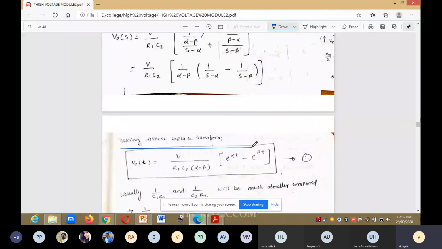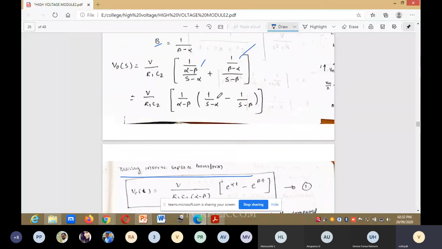Taking the inverse Laplace transform. This is why we got minus here: because 1 divided by alpha minus beta was taken common, that's why here you'll get minus.